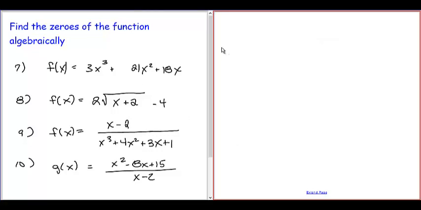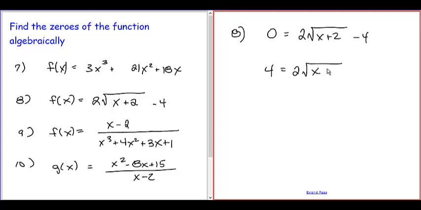Okay, next one, square root term. So again, set the function equal to 0. If you remember back to earlier sections, when I try to solve for x, the first step would be to move this constant to the other side, make it positive. If this were a negative number, then I just stop and say there are no x-intercepts, there are no zeros. But in this case, it's positive, so that's good.